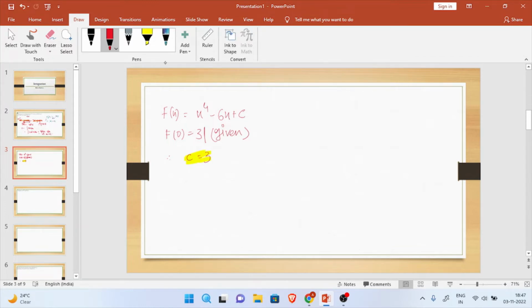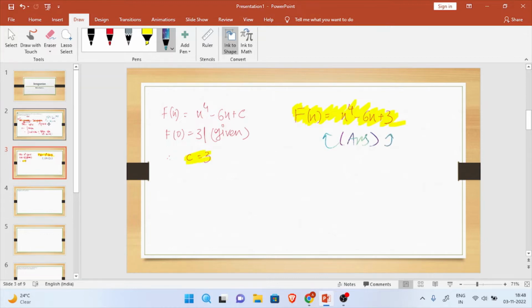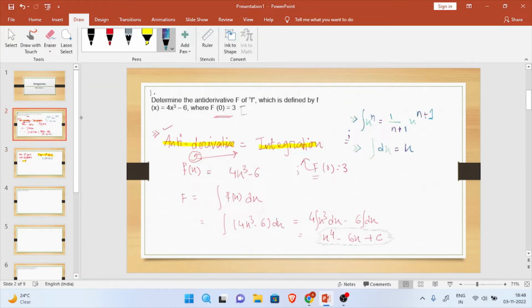So the function stands F(x) is equal to x to the power 4 minus 6x plus 3, which is our desired solution. Let me color it out so that you can understand the answer. So the first one, we get x to the power 4 minus 6x plus 3.